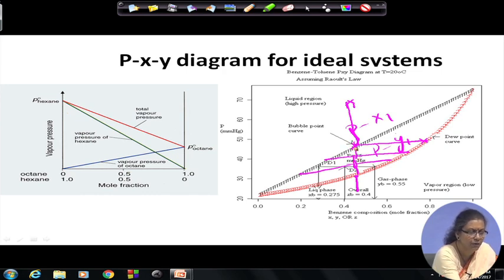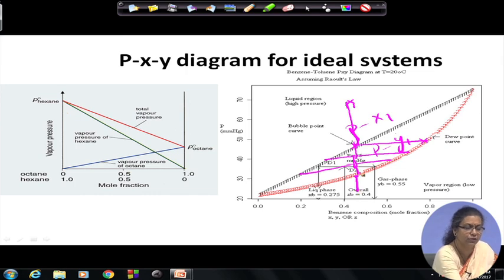While the proportion of liquid decreases, the proportion of vapor keeps on increasing. This continues while we are in the heterogeneous liquid vapor region, and once we cross it, we have entered the vapor region with the overall composition as y.